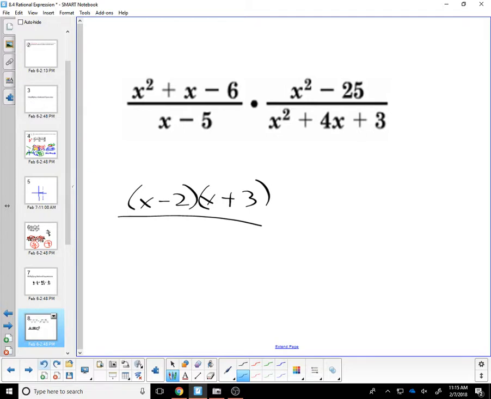That's a positive, that's a negative, correct? Correct me if I'm wrong. I just factored that numerator. We're good? That's for 6, right? That's for this part right here. Now, the bottom one, well, that just is. There's not much I can do there. So that's done. Okay?